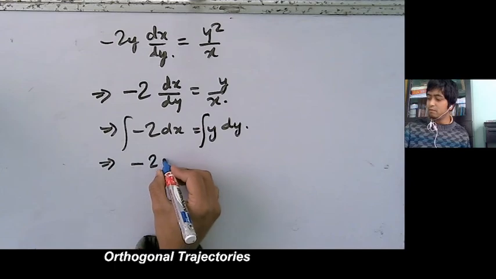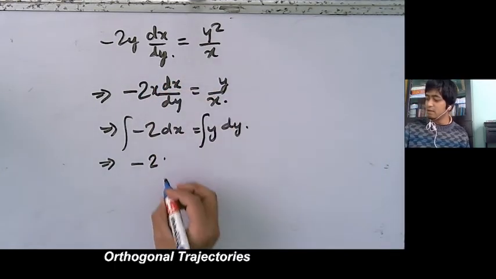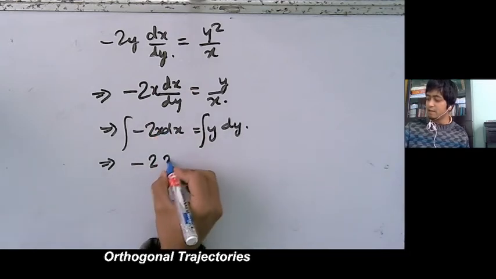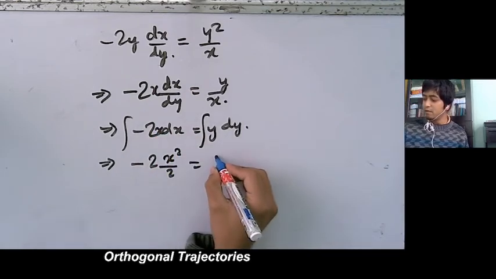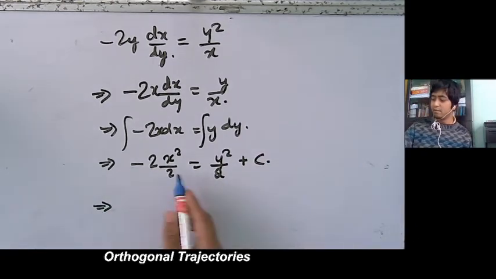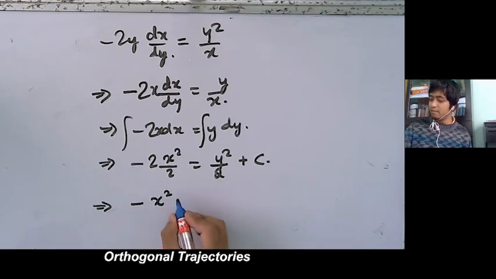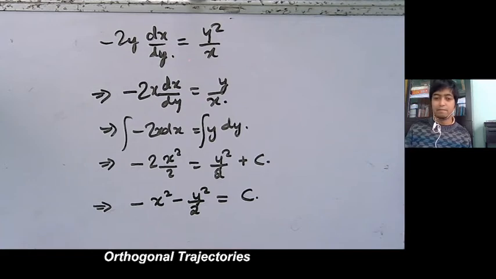Minus 2, over here will be 2x, x squared upon 2, equals y squared upon 2 plus c. So we can simplify. We will be getting minus x squared minus y squared upon 2 equal c. Or we can simplify further.